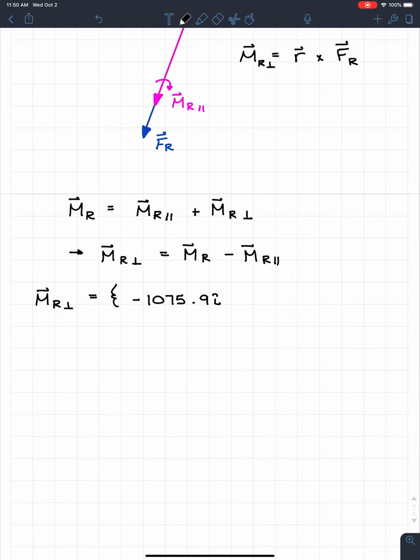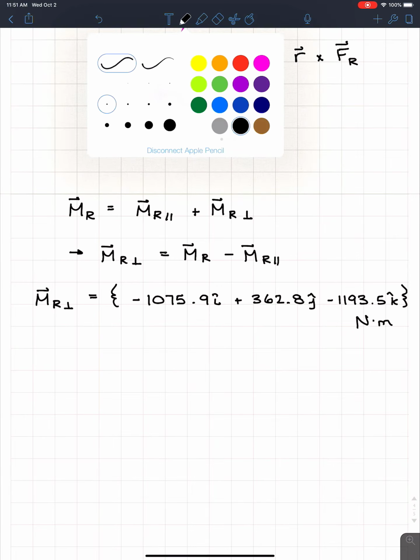So plus 362.8 in the j, and then minus 1193.5 in the k. And this will be newton-meters.